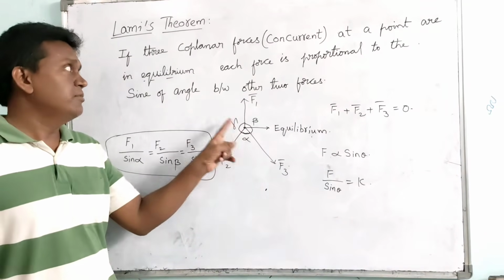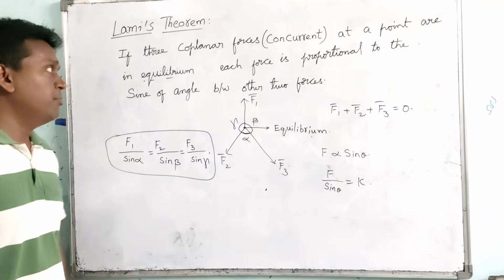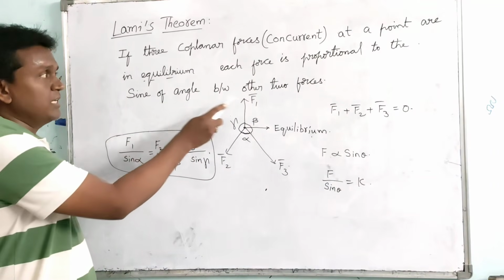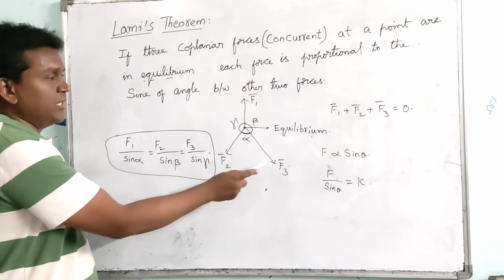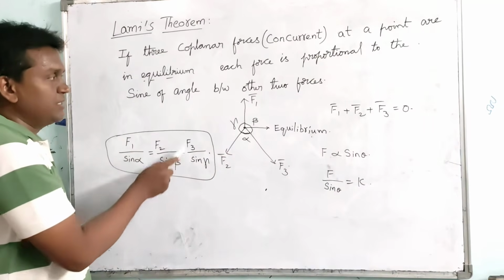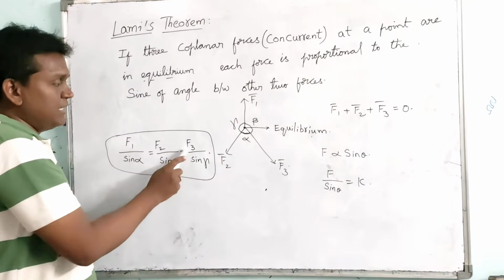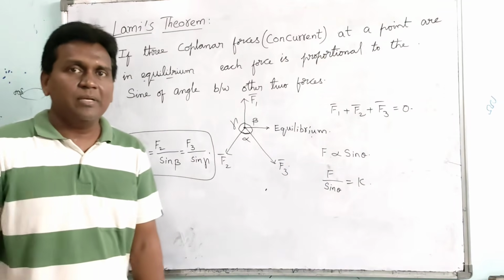Then the particle will be in equilibrium, and each force is proportional to the sine of the angle between the other two forces: F1 by sine alpha, F2 by sine beta, and F3 by sine gamma. So this is Lami's theorem.